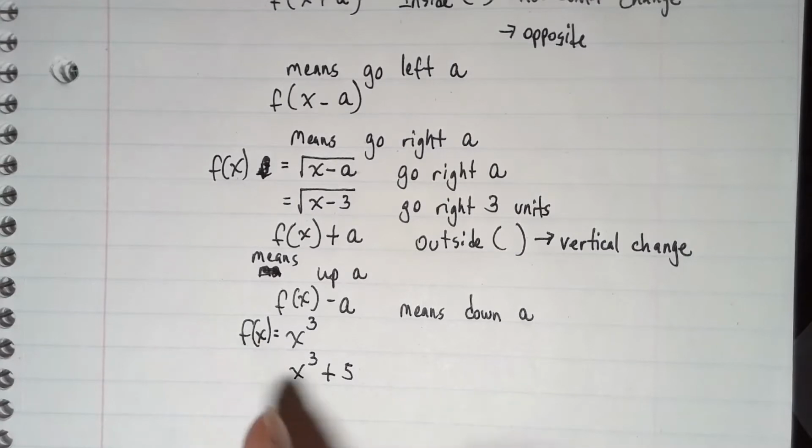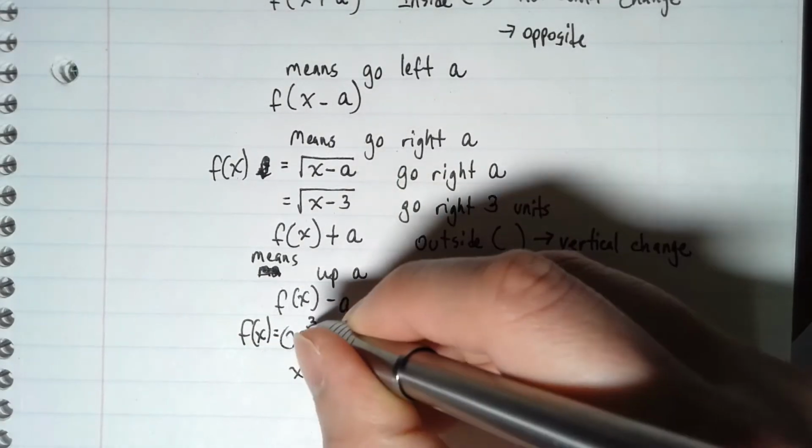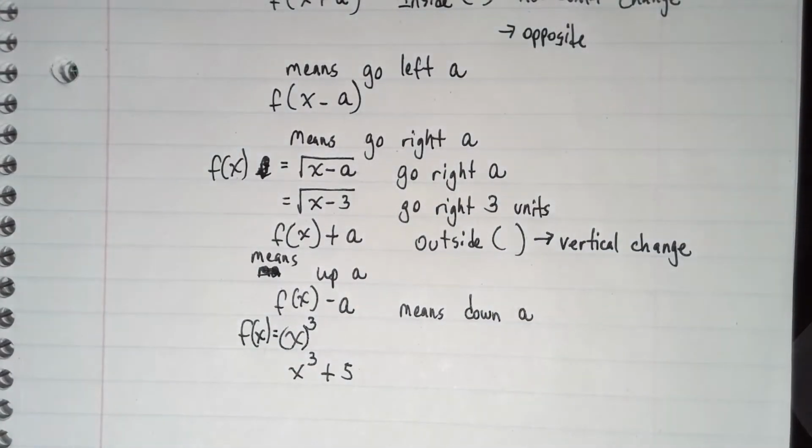If I change f of x equals x cubed to x cubed plus 5, you can see the plus 5 is outside the parentheses. Now, it's hard to tell where the parentheses is, but you should know the parentheses are right around x. Only x is being cubed. The plus 5 is not. So plus 5 is outside the parentheses.